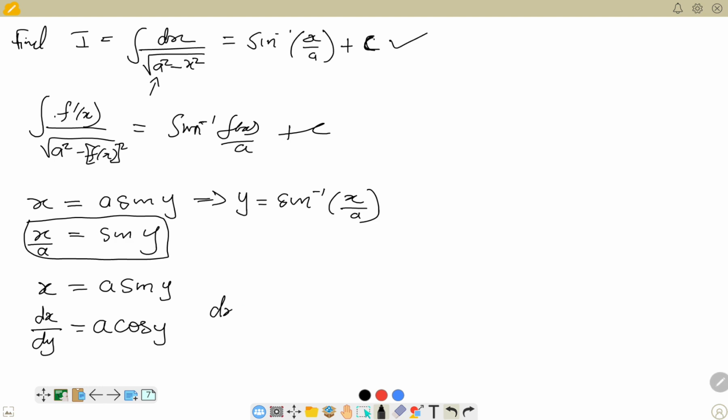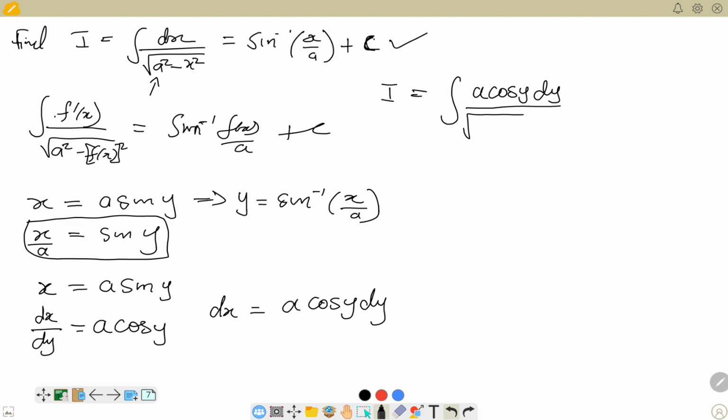So dx is going to be a cos y dy. Then we can go ahead and replace back. So now I is equal to, we replace dx there with a cos y dy. The a square is there, we leave it, we only replace our x, which is now a sine y, squared.